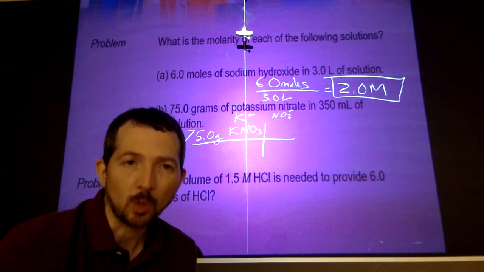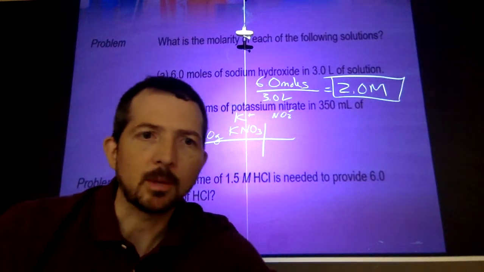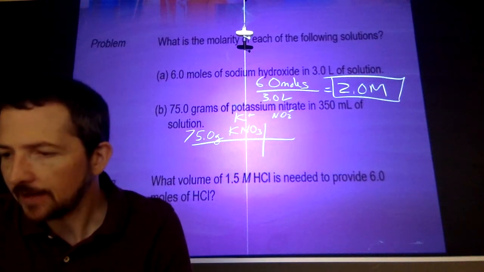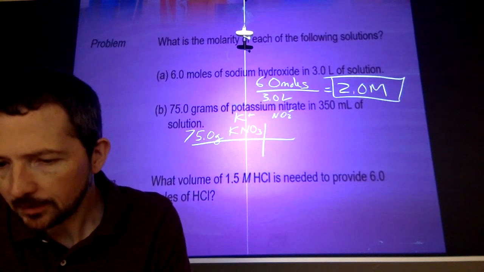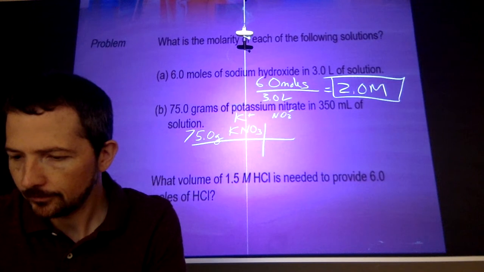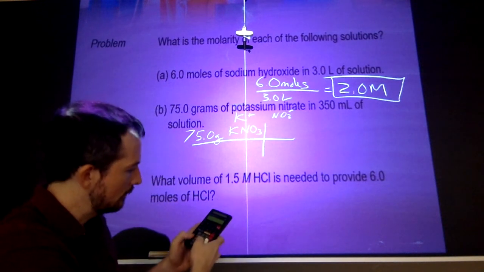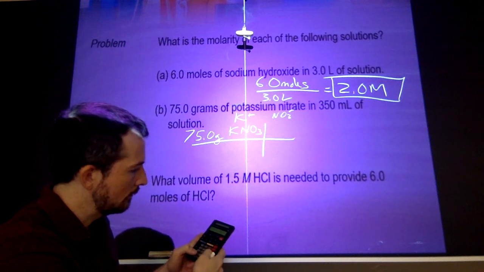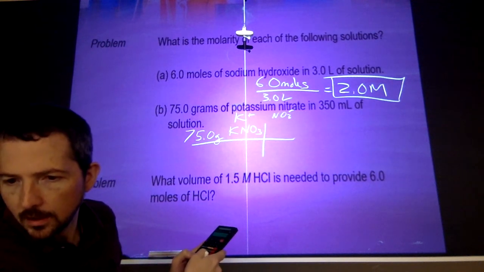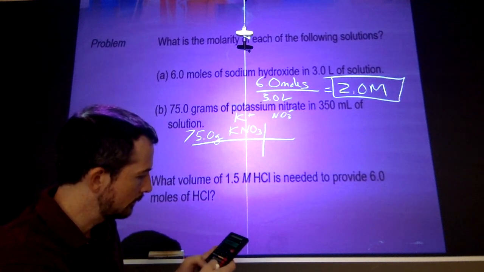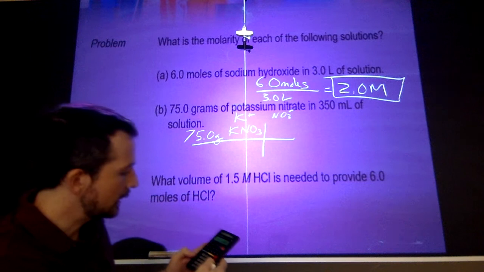So now we need to find the molar mass of that. So I get my periodic table and look up potassium. Potassium is 39.1. And nitrogen's 14.01. And I take 3 times 16.